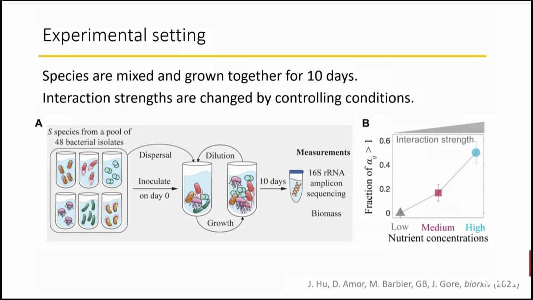Another thing is that I won't get into the details of how this works, but through a mechanism which I won't talk about, they can control the strength of interactions. So forgetting about the biology, the nice thing is that we can measure the strength of interactions by doing pair species experiments. You put two species in this medium, you measure and you see, well, did one win, did the other win, did both coexist?